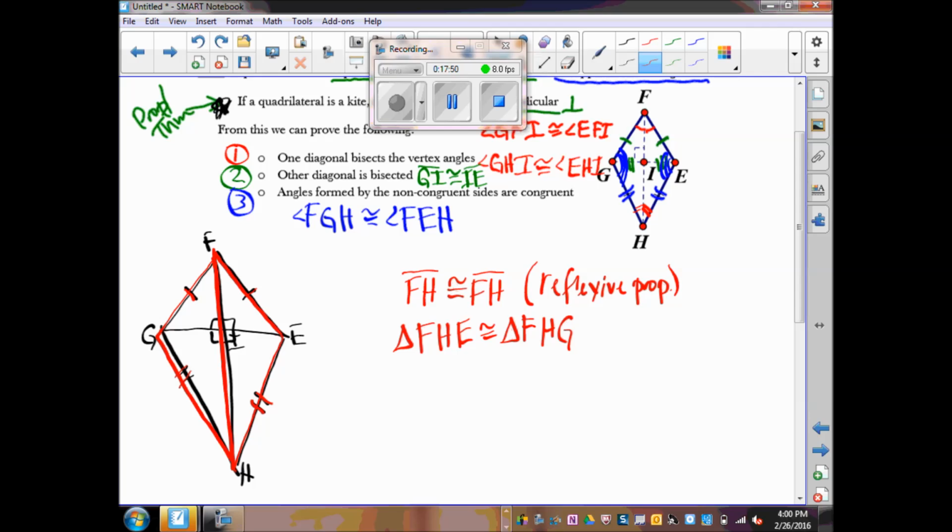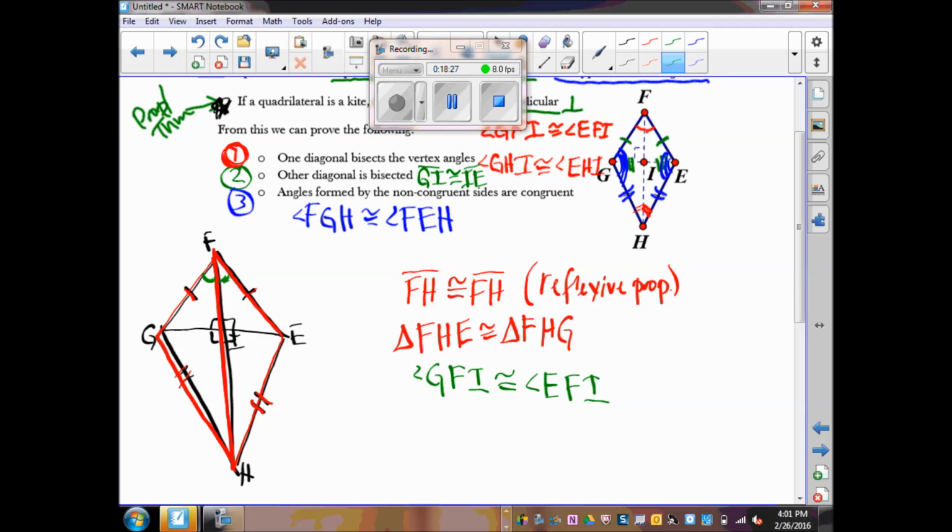Remember our first property here is that one diagonal bisects the vertex angles. Well, now that we just showed that those two triangles are congruent, that means that this little angle is congruent to that little angle. So we then have that angle GFH or GFI, either way you can label it, GFI is congruent to this other little guy, EFI or EFH.